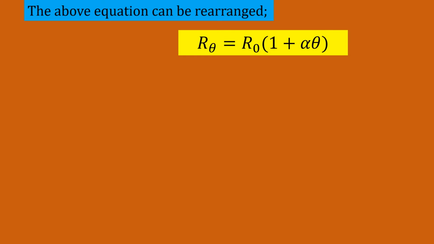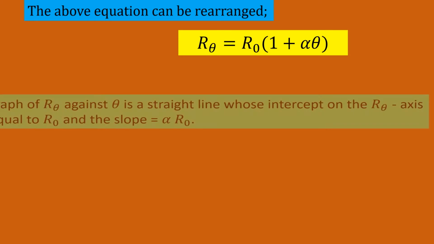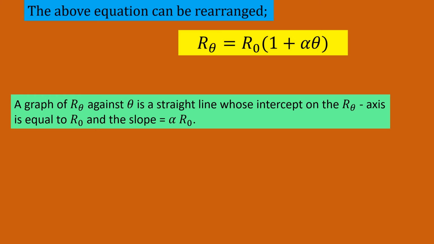The above equation can be rearranged into R theta equals R0 times (1 plus alpha theta). A graph of R theta against theta is a straight line whose intercept on the R theta axis is R0, the resistance at 0 degrees Celsius, and the slope is alpha R0.